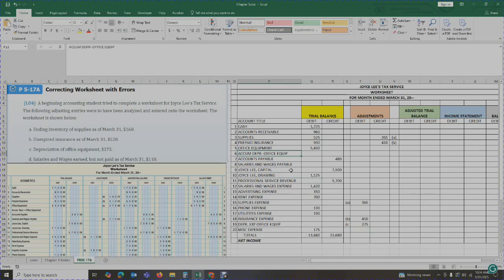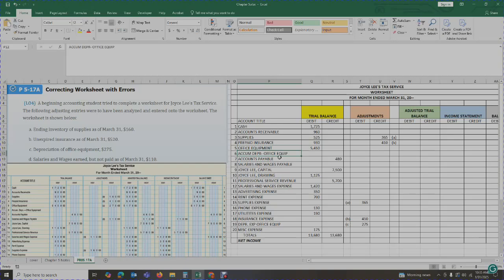Now accumulated depreciation is a contra asset account. It keeps track of your depreciation and it is always located below the asset. So office equipment is the asset. We don't touch that amount ever. That is how much you paid for the equipment. Below that, we have the accumulated depreciation account, which is where we keep track of the usage of the equipment.